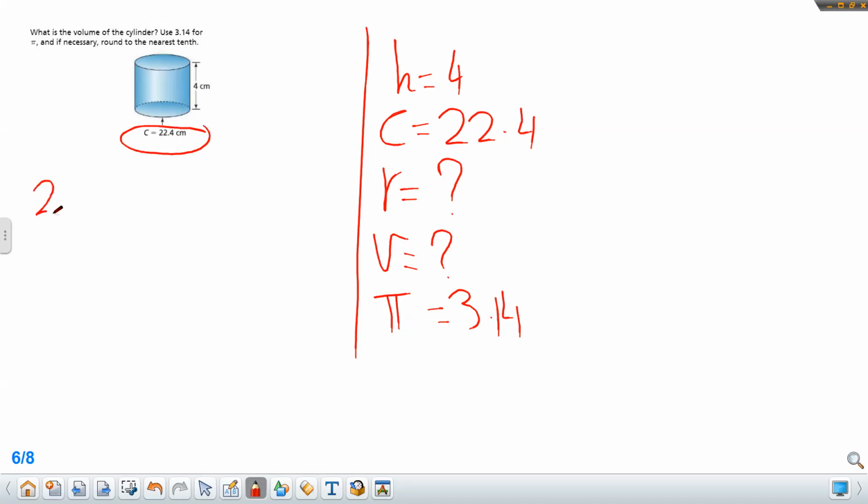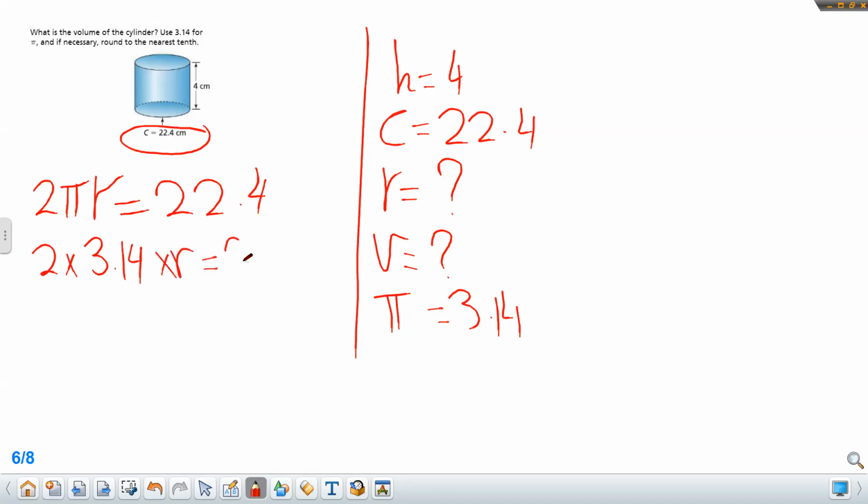It is 2 pi r. So we can say 2 pi r equals 22.4. So 2 times pi, which is 3.14, times radius equals 22.4.